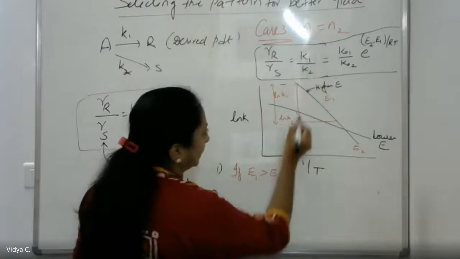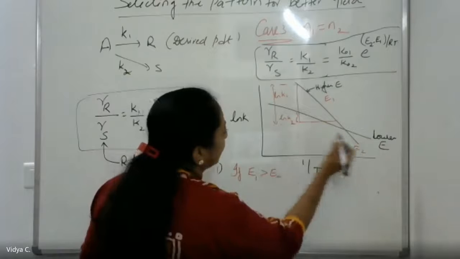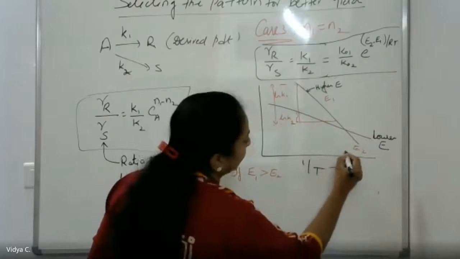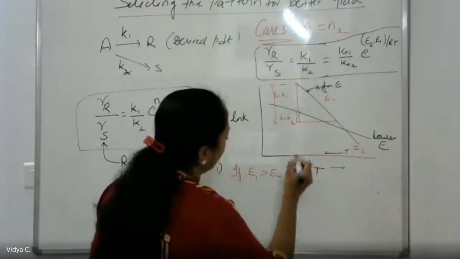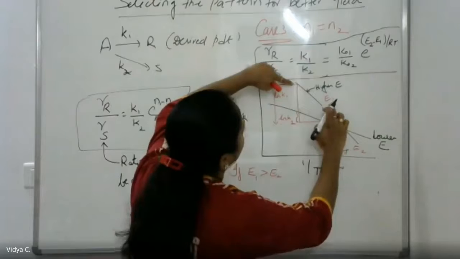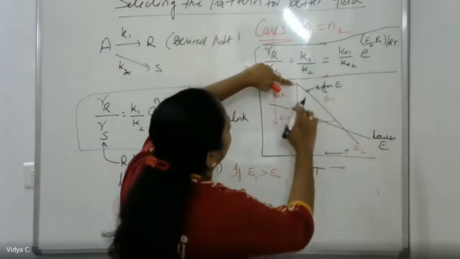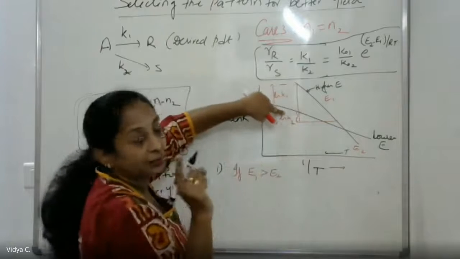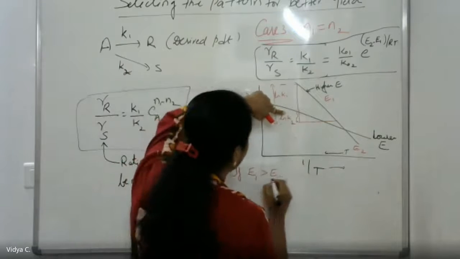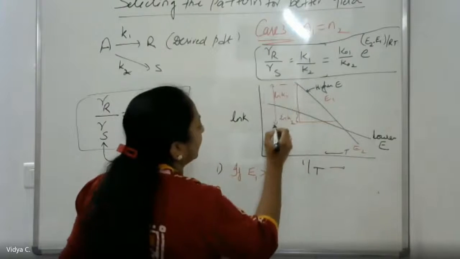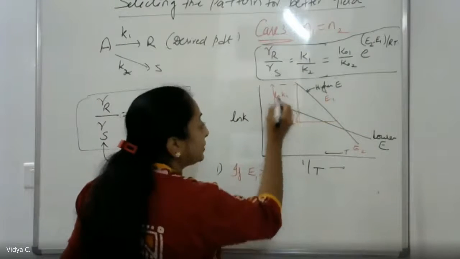Okay. If E1 is greater than E2 here, what is happening with the increase in T? See, 1 by T goes like this, but T will be increasing in this way. If E1 is greater than E2, ln K1 by K2 will be higher. Correct? The ratio is higher. You can observe here that ln K1 is higher, so this ratio will be higher.